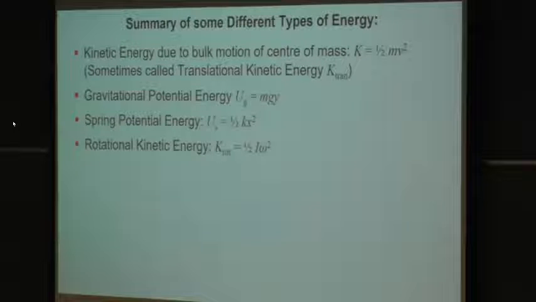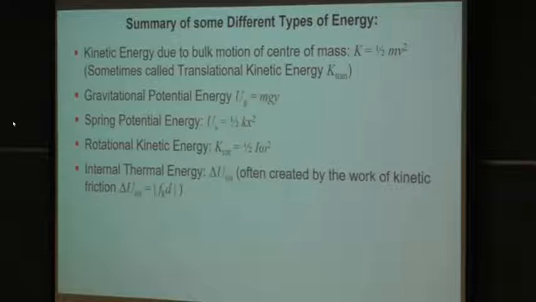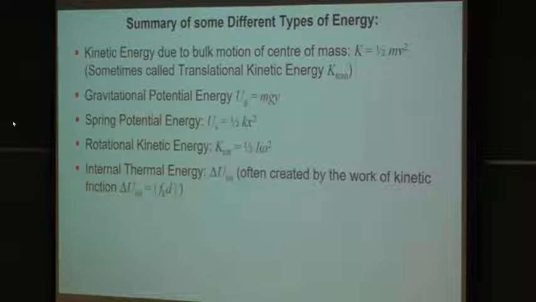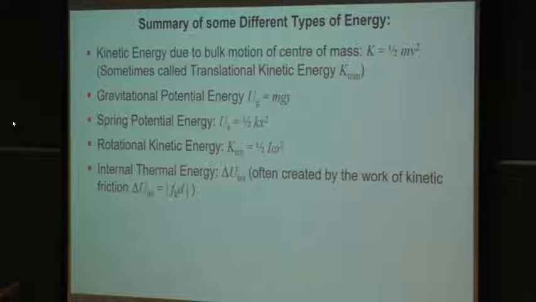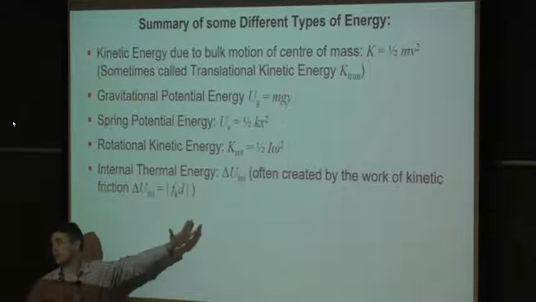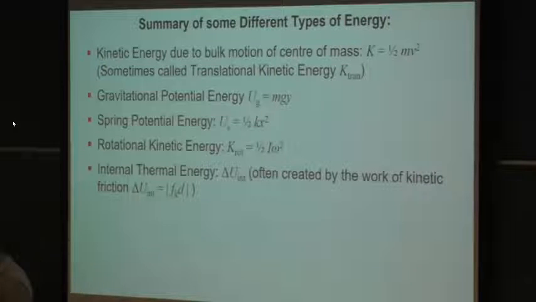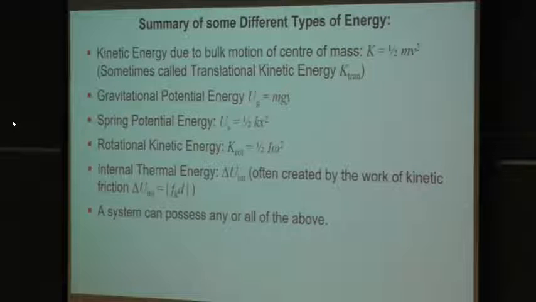Rotational kinetic energy now, this 1/2 I times omega squared. Remember internal thermal energy, that had an equation for it, which was usually the kinetic friction, mu sub k times the normal force, times whatever the displacement was, how far it was rubbing. You got a positive internal energy. And if you have one system, the system has the sum of all of these energies.